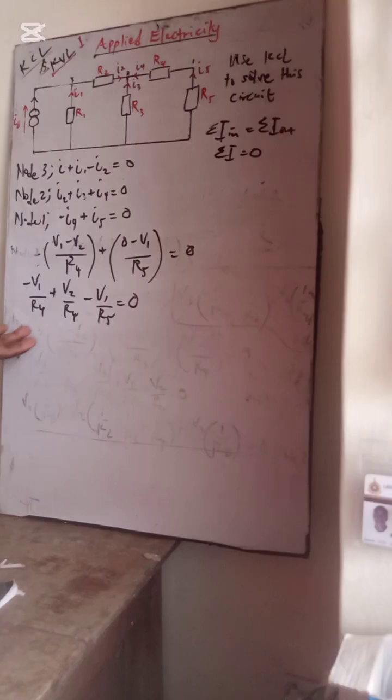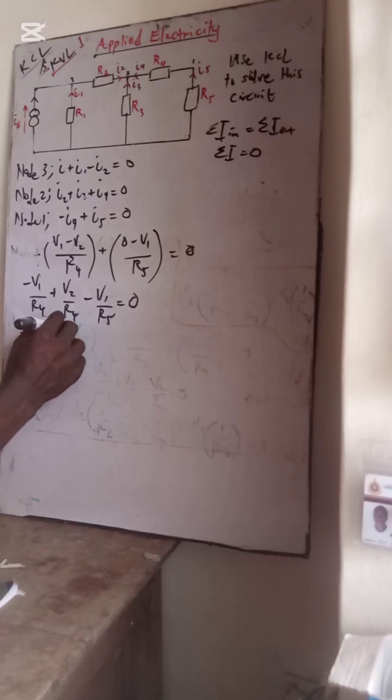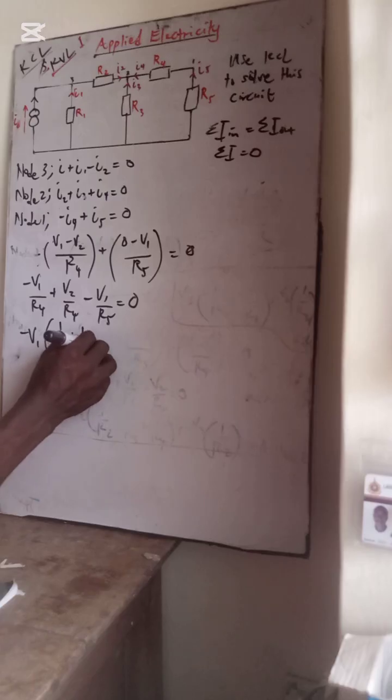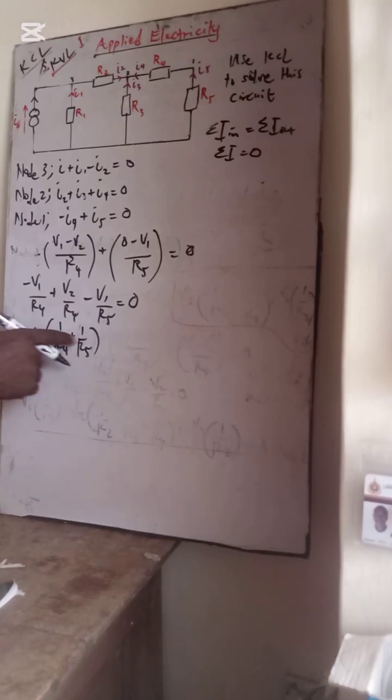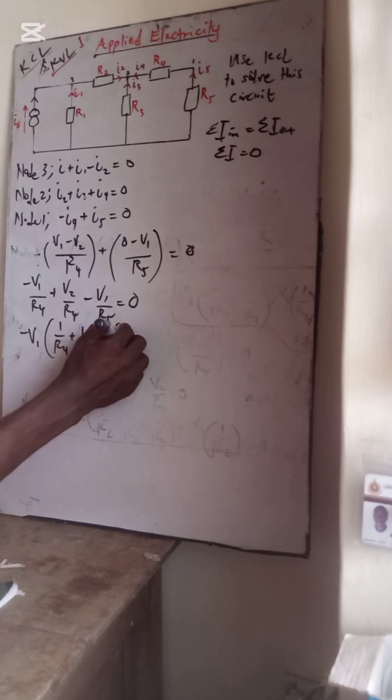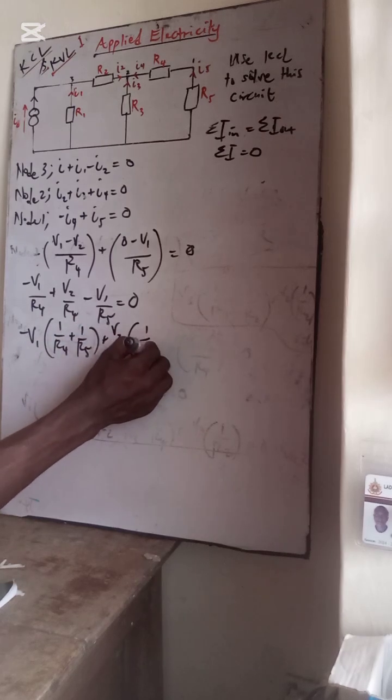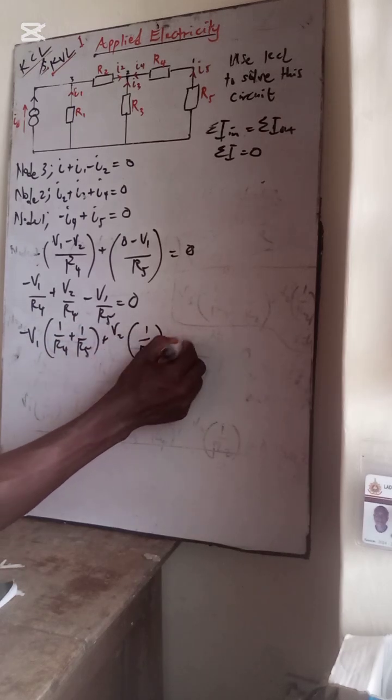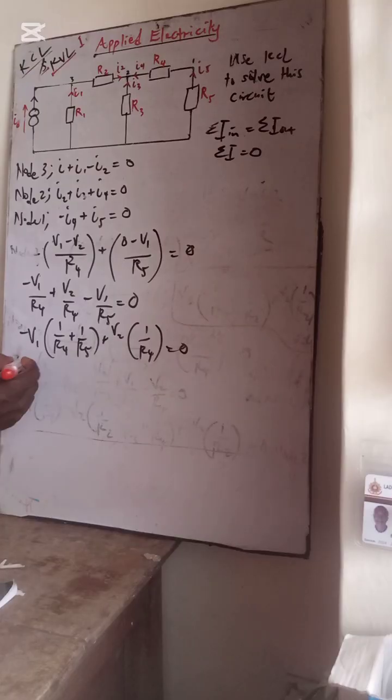As you can see now, do we have any common? Yes, we have V1. So if I use my V1 to factorize outside the brackets, 1 over R4 plus 1 over R5. If I multiply this together outside the minus bracket plus 1 over R4. So this is V1.